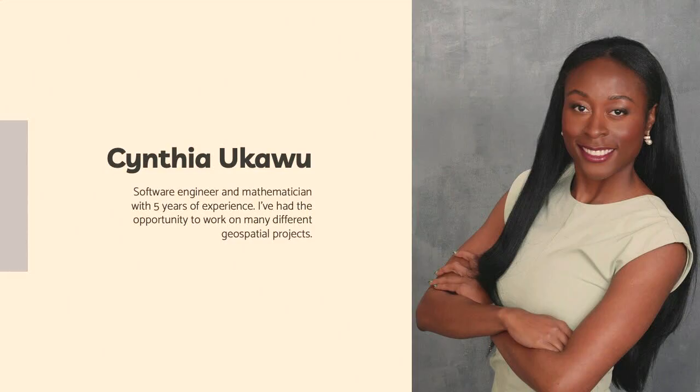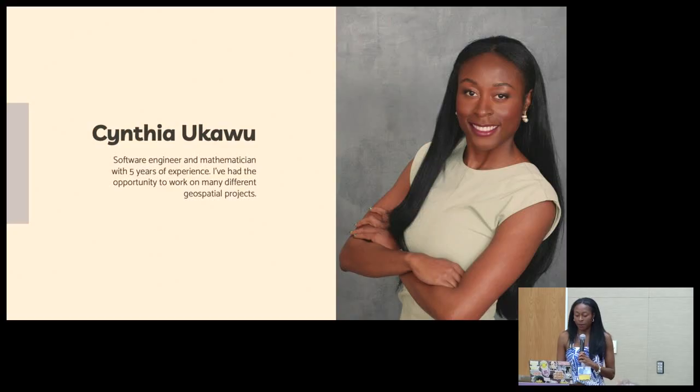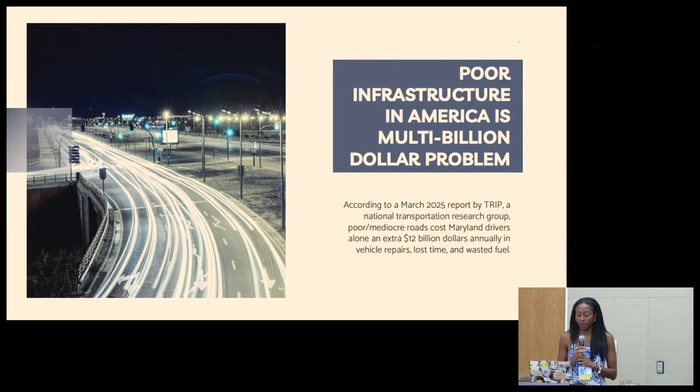So the problem that I was dealing with is infrastructure. Many of you probably have experienced a pothole or experienced the trouble with hitting a pothole. Maybe you spilled your drink or you braced yourself. I know when I run into one and I can't swerve out of it, I brace myself for impact.